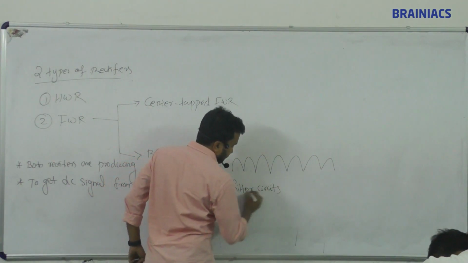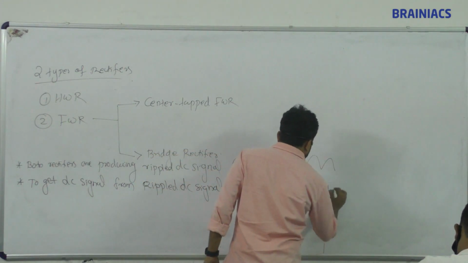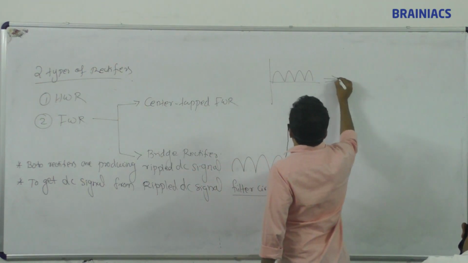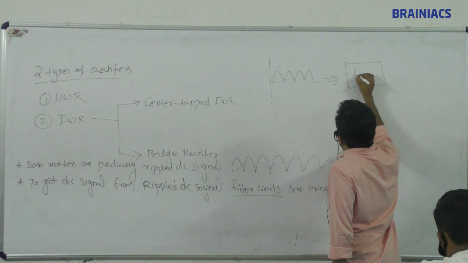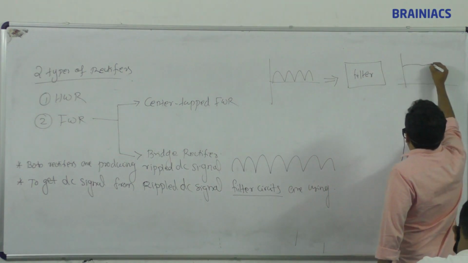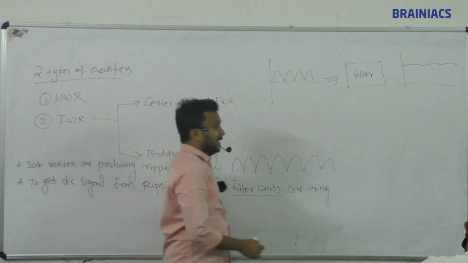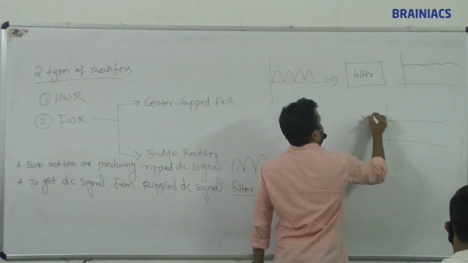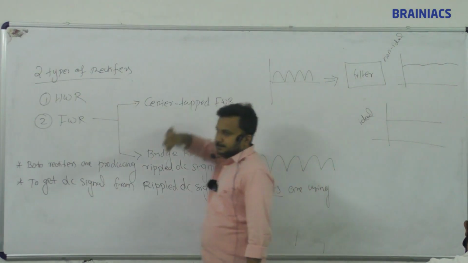The rippled DC signal is passed through a filter circuit, which we will learn in more detail. Once the signal passes through the filter circuit, what will we get? We will get a signal more or less similar to our ideal condition. How does an ideal DC voltage look? This is ideal, a non-practical signal.